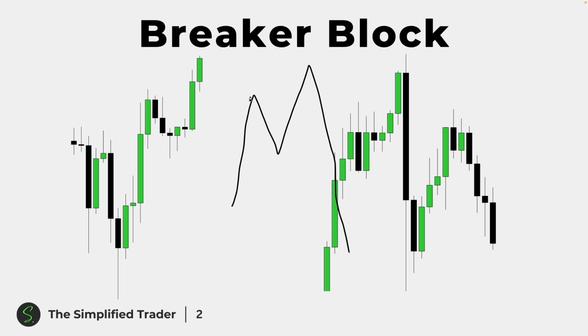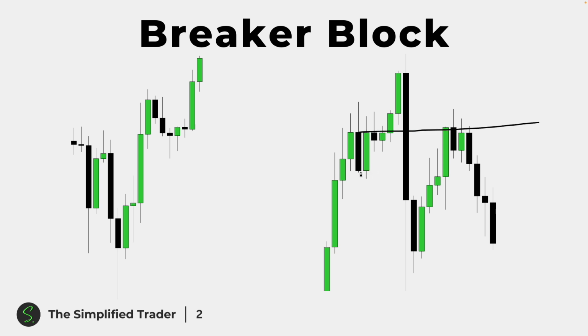So our breaker is going to be this area of price, from this body open to this body close. That is going to be our breaker block. And we can see price action trades into the breaker block and it supports lower prices.